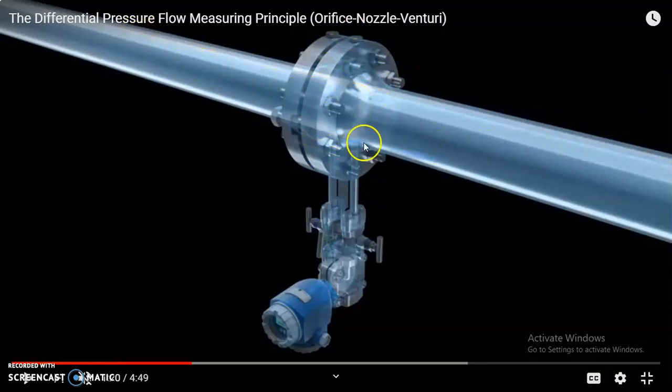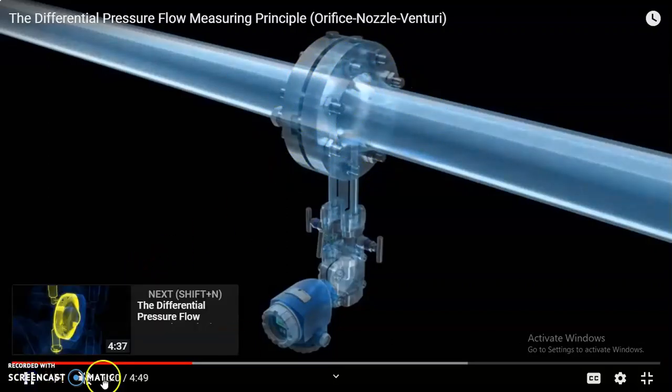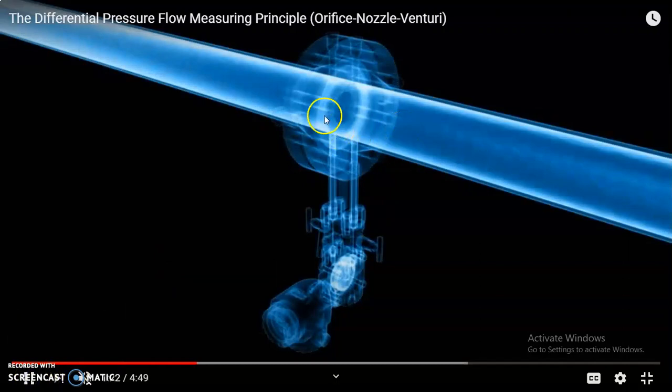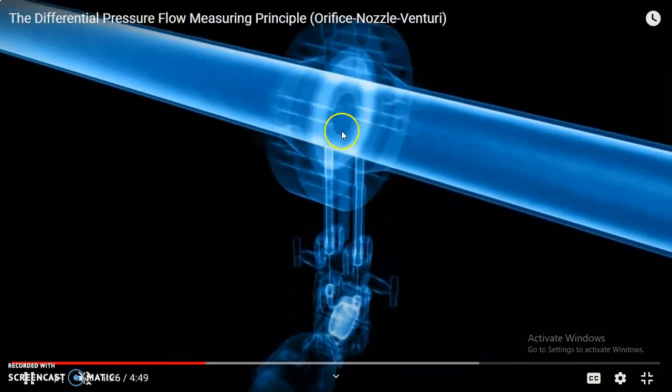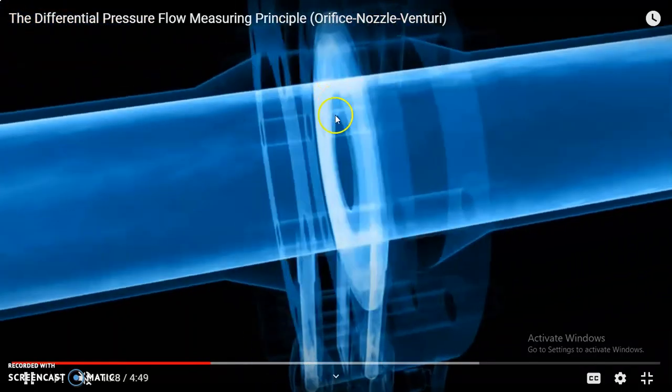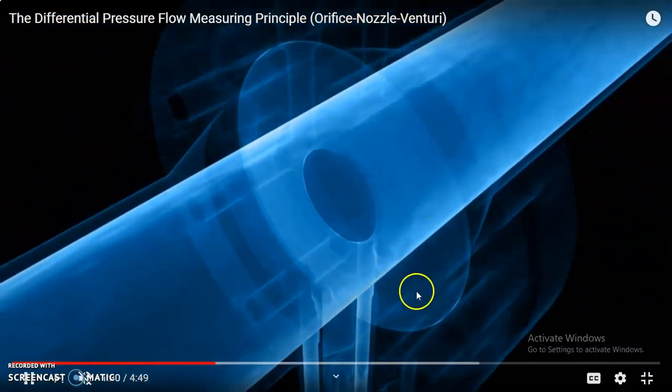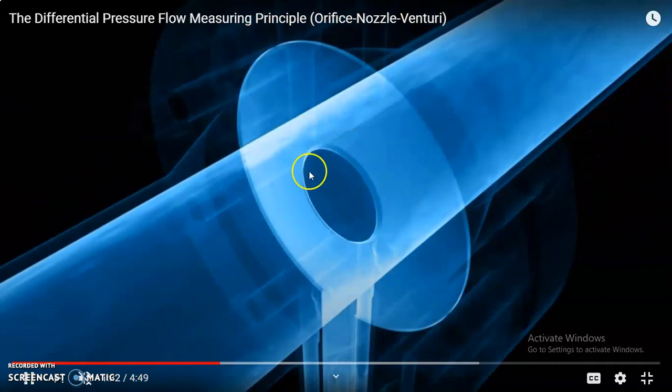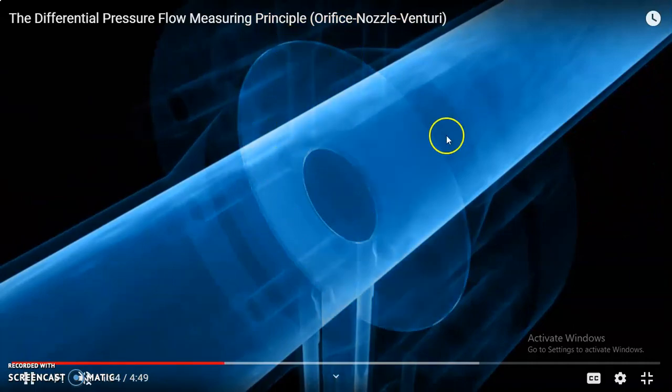If the flanges are opened, we can see inside there will be one circle with a hole. That is what we call an orifice plate. When you look here, this is the flow path. In the flow path you have a circle. This is your orifice plate, the hole and the circle.